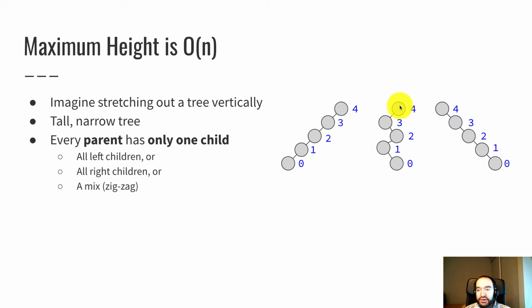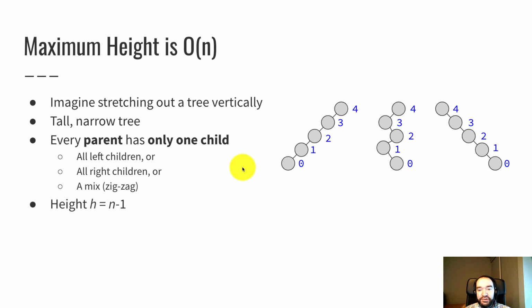And in the middle, I've got more of a zigzag. This one's alternating between left and right. On the right hand, I've got a binary tree that only uses right child pointers. But in all of these examples, this property holds that every single parent node has only one child, and then there's just one leaf that has 0 children at the bottom.